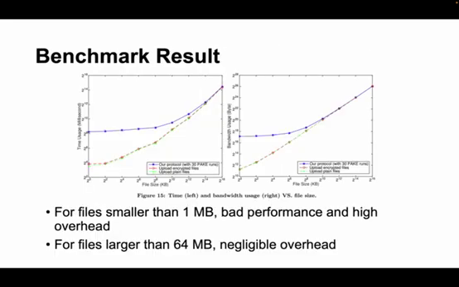Here is the benchmark result from the paper. As we can see from the figure above, it reports the uploading time and bandwidth usage in the protocol compared to the two baselines, plain files and encrypted files. For files that are smaller than 1 megabyte, the overhead introduced by the deduplication protocol is relatively high.